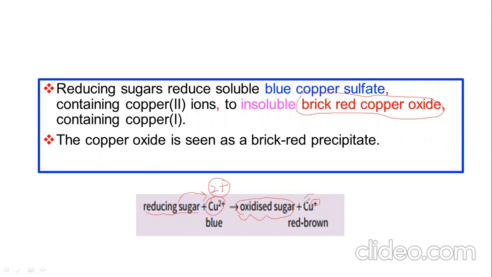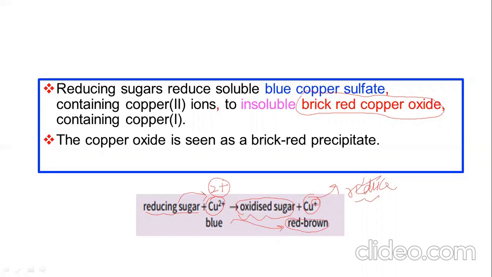Now this copper is in what form? Reduced form, because the copper received an electron. Reduce means to receive electrons from another. So now this has become reduced, and in the reduced form the color of this copper compound will be red, brown or brick red.